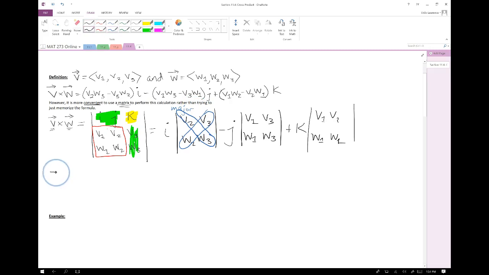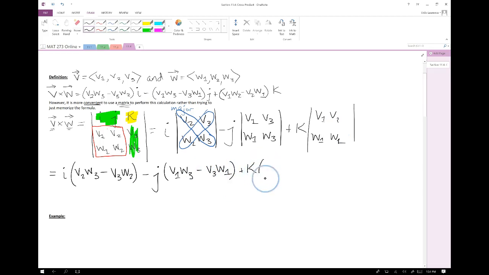So if we expand this out using determinants, we're going to have V2 times W3 minus the other diagonal would have a product of V3 W2. And we're going to do this for all of them. So the next one's minus J, and we've got V1 W3 minus V3 W1.